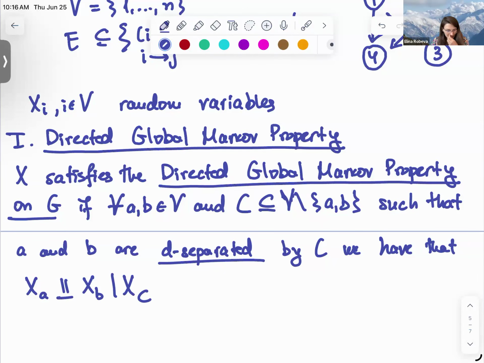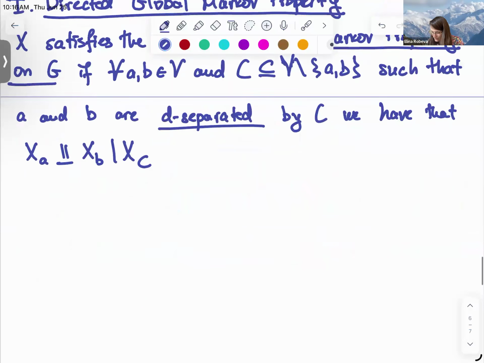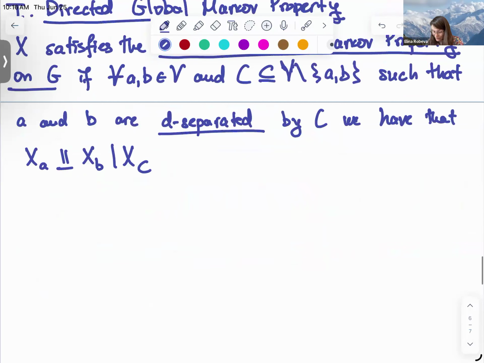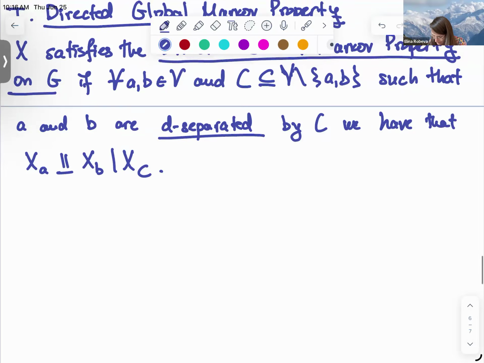Let me try to explain what D-separated is. There is some notion of separation, but as we saw in the example just now, it's a little bit more complicated because the arrows actually matter.